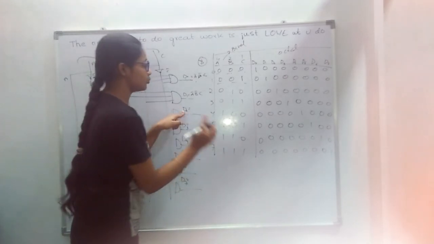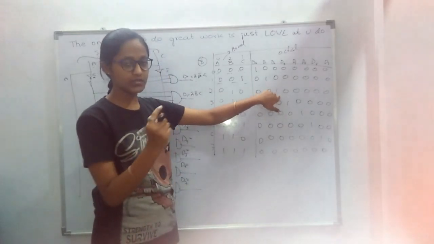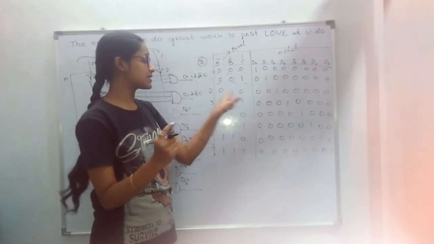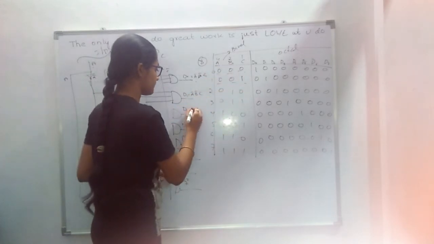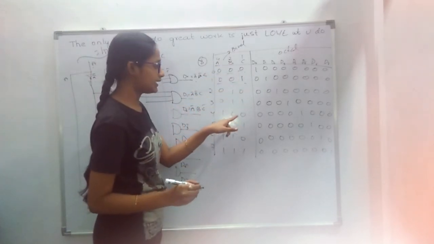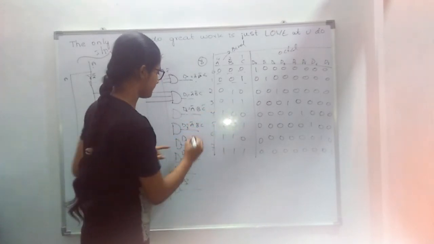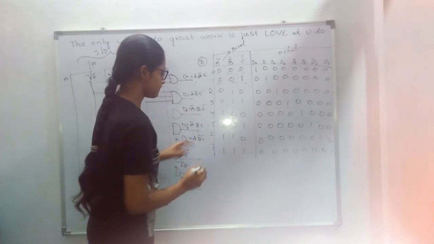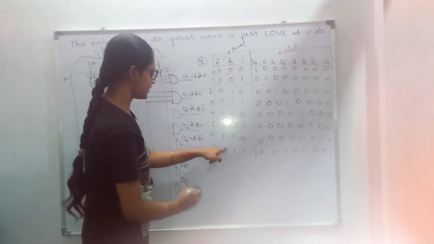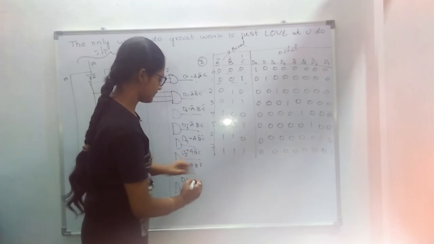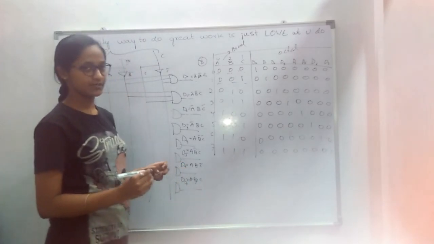For D2 to be high, what should the inputs be? 0, 1, 0. So, A bar, B, C bar. Here, for 3, A bar, B, C. Here, A, B bar, C bar. Here, A, B bar, C. Here, A, B, C bar. Here, A, B, C, as you don't have any zeros in the 111 representation.